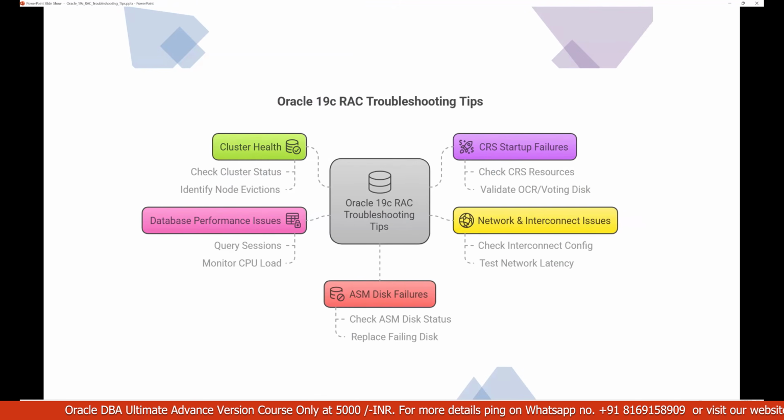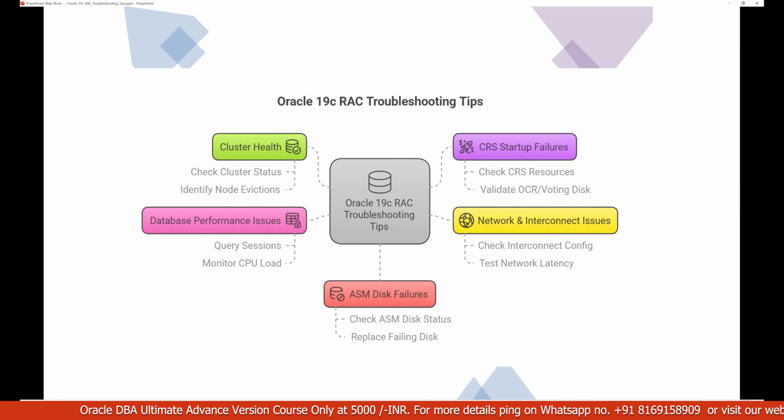Now, as I mentioned, the main troubleshooting areas for a real application cluster can be divided into 5 major categories. So the first thing is basically the cluster health. In the cluster health, generally we look for cluster availability, and we need to identify if a node eviction happens, or if there is any issue with one of the nodes in the running real application cluster.